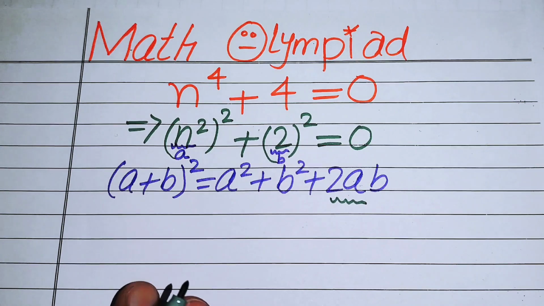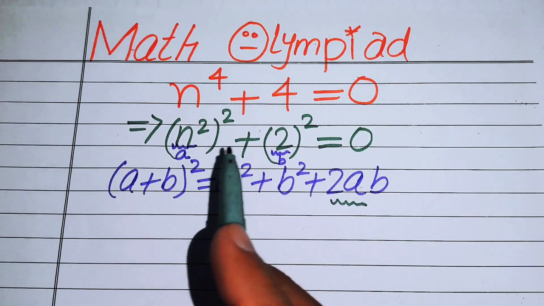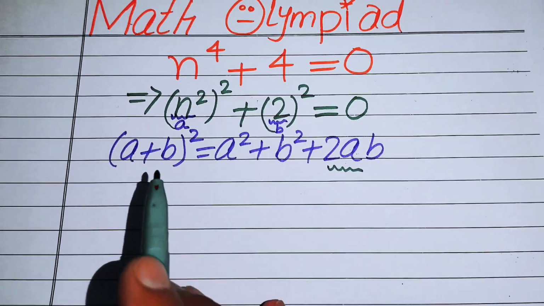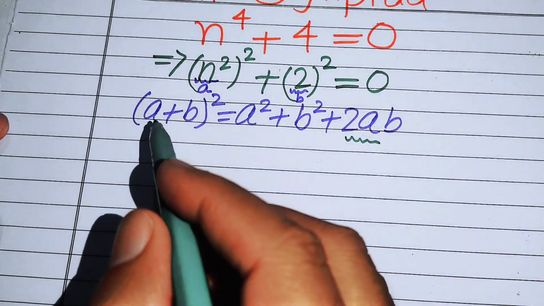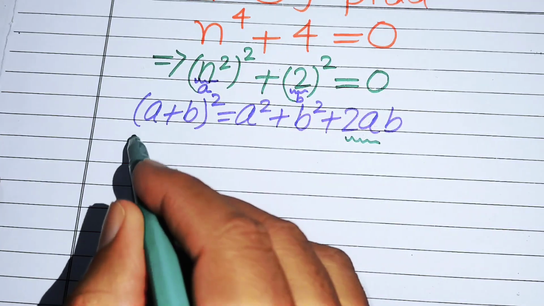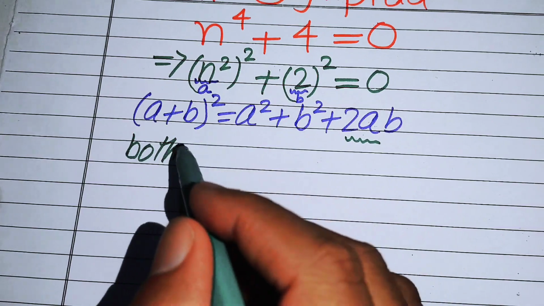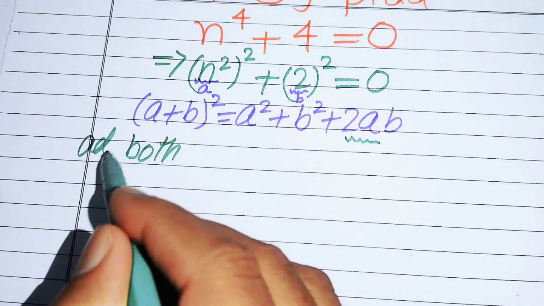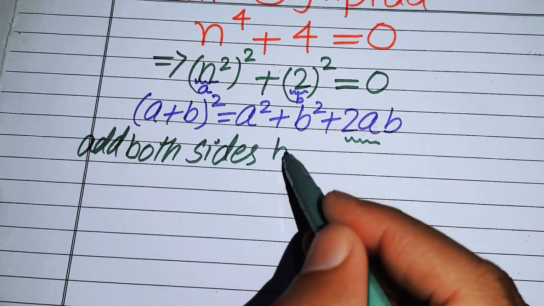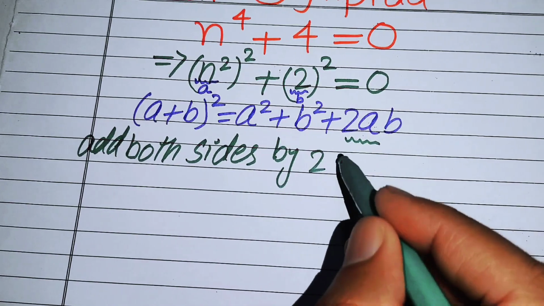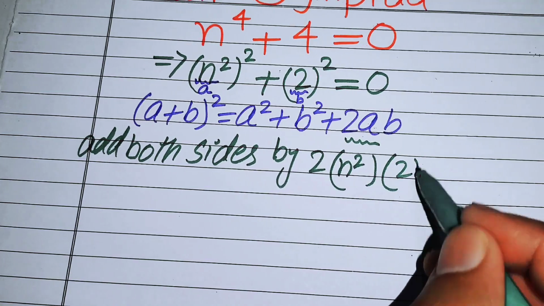So in order to make 2 times ab, we have a is n squared and b is 2, so we will add to both sides 2 times n squared into 2.